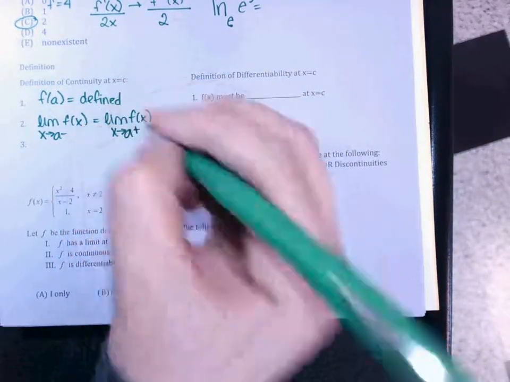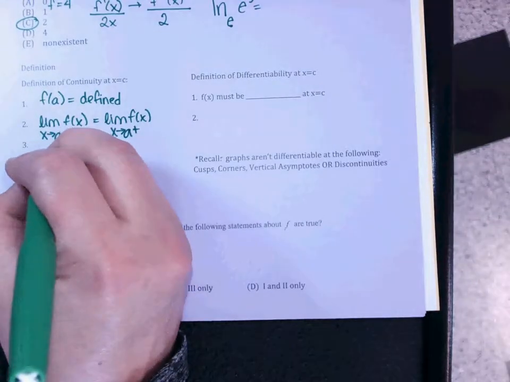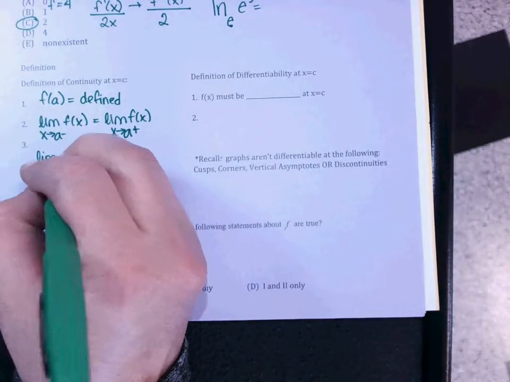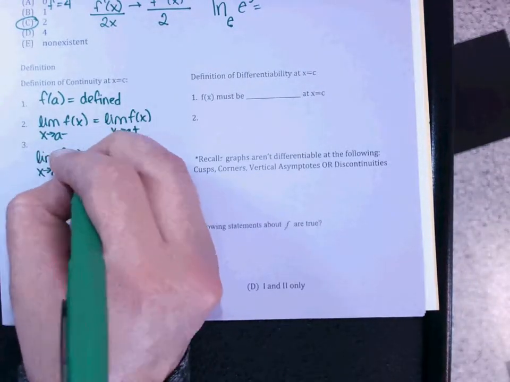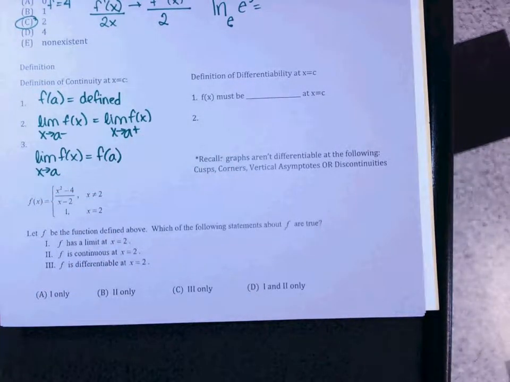You can check these in any order, but those limits have to come out equal. If they are, then the limit as x approaches a needs to be the same as whatever y value you got in step 1. So basically, you find the y value, find the limit, and then make sure that they're the same.